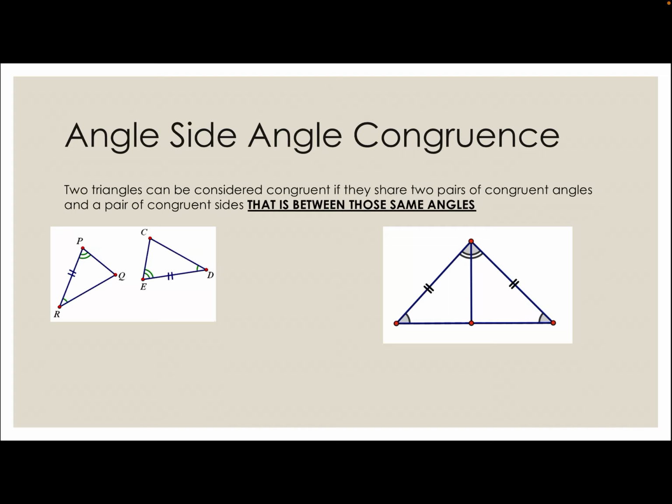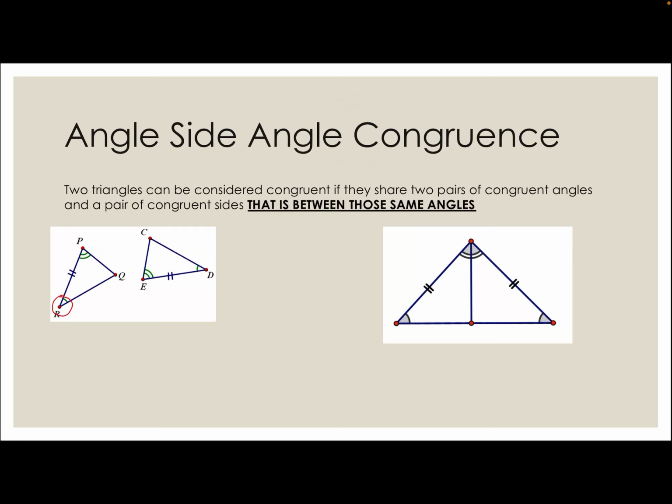All right, so the first congruence we're going to cover in this video is angle side angle congruence, and that occurs when two triangles share two pairs of congruent angles and a pair of congruent sides that is between those same angles. So we call that side an included side.